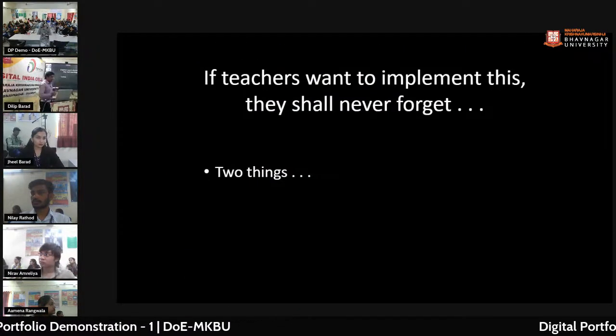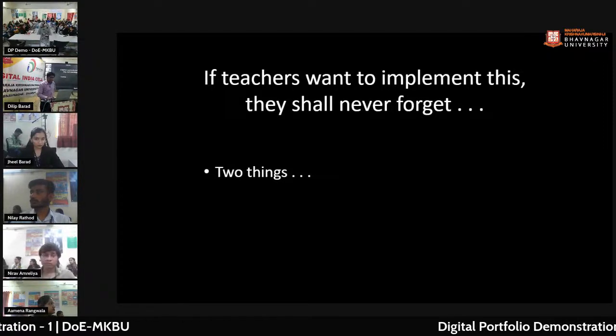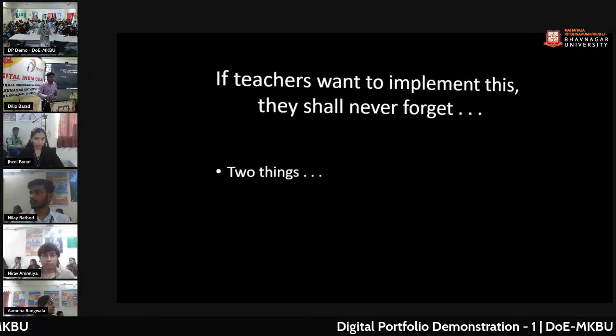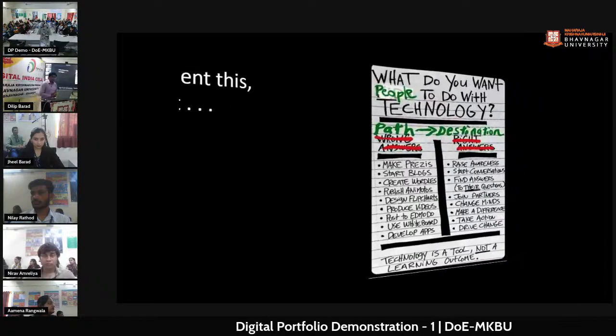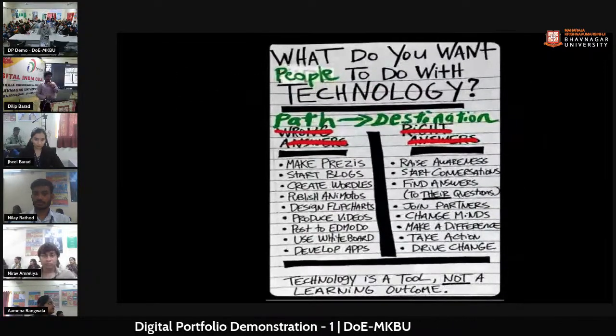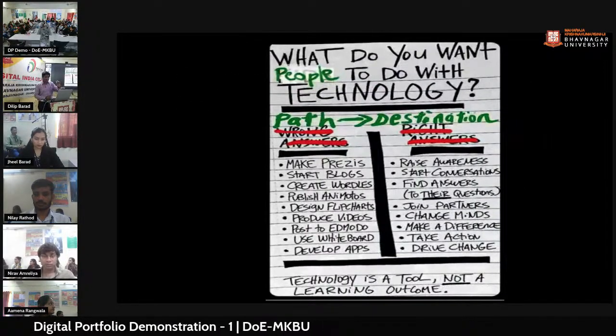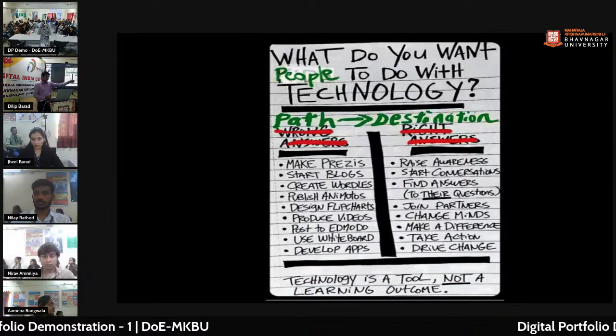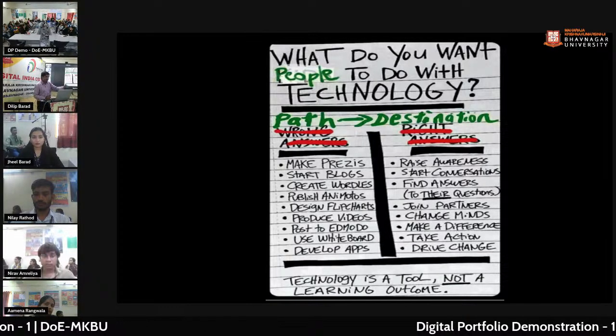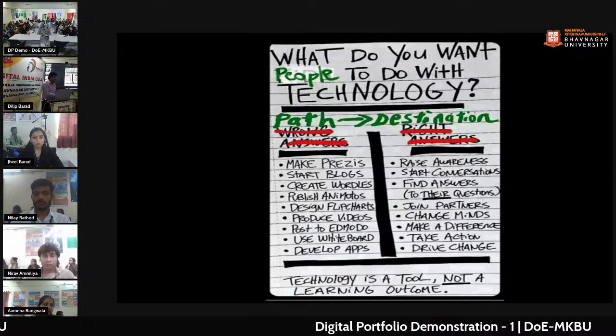When we want to think of ICT, we have to keep these two things in mind very carefully, that technology is not the destination, it is the path. Our destination is to study literature in a proper way and then to develop human capacities in a better way.